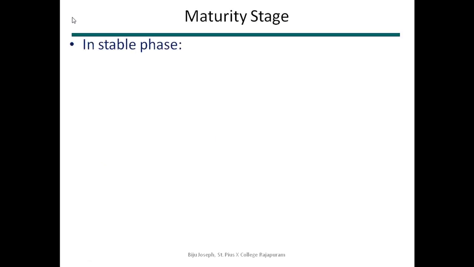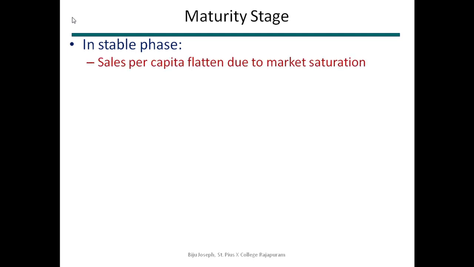And the growth stage is followed by stable phase. And in stable phase, sales per capita flatten due to market saturation. Per person sales, which was going up, now flatten due to market saturation.